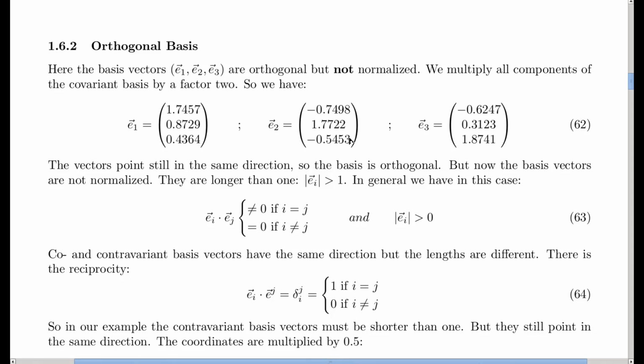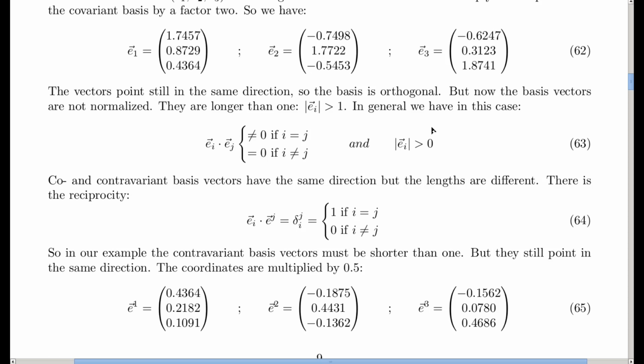Now if we calculate the scalar product of two basis vectors, then the result is not 1 but unequal 0 if the indices are equal, and it is 0 if the indices are unequal. And of course the absolute value is greater than 0 but not 1.